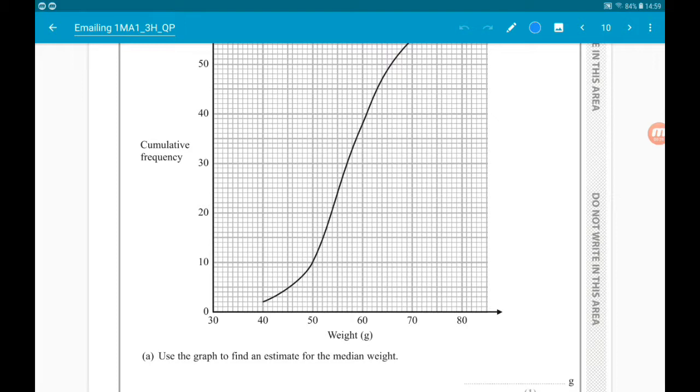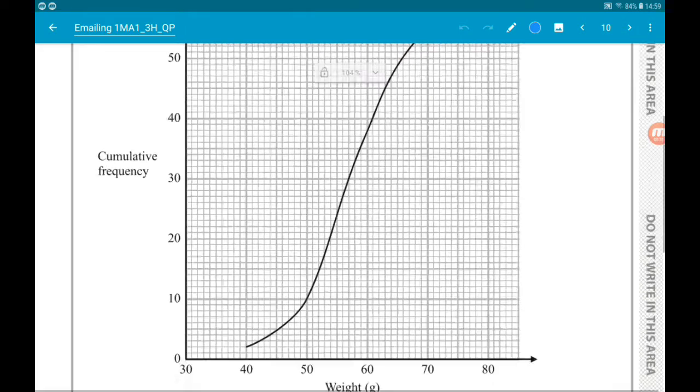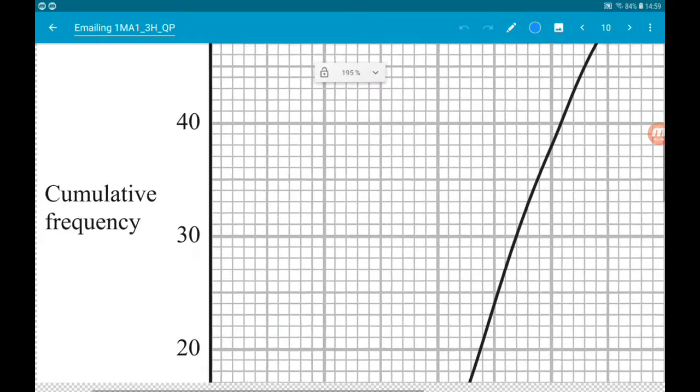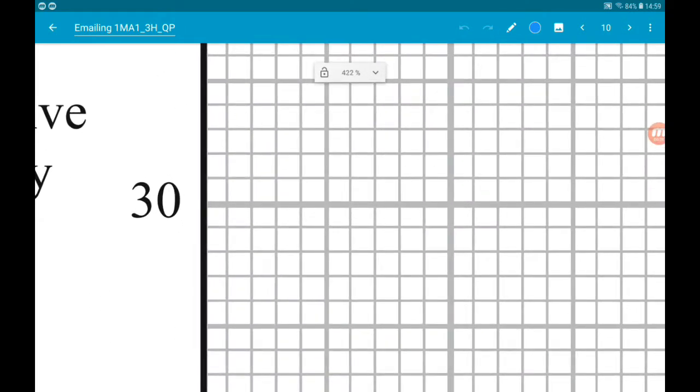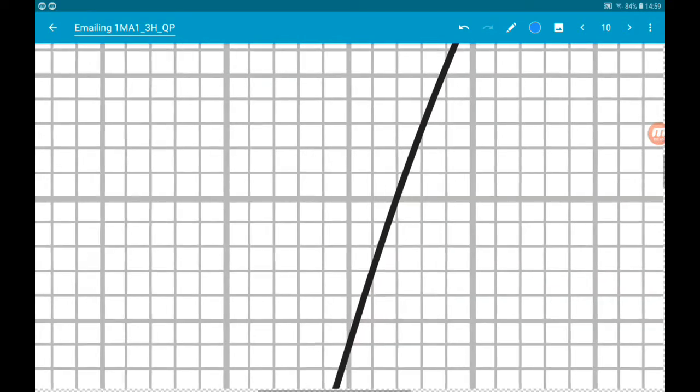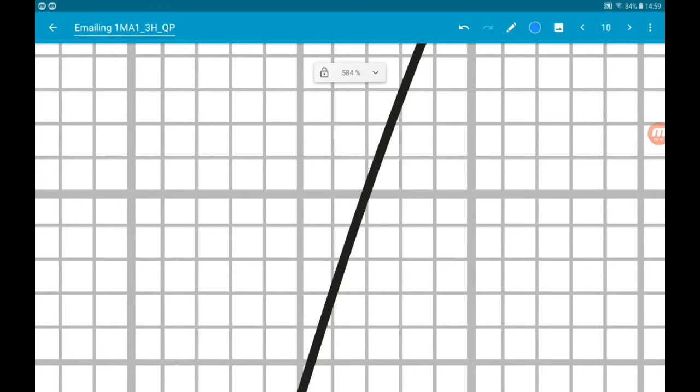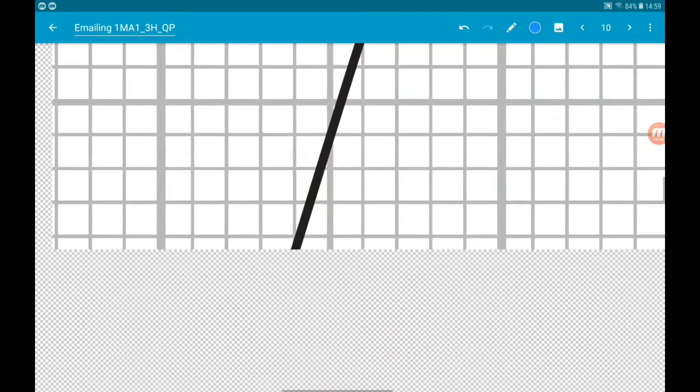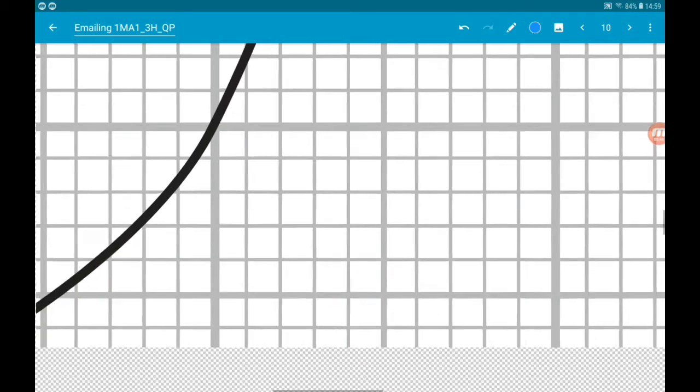So the median is the middle. For this, we halve the frequency, which here is 30. Find that over here. Go across until we hit the graph. And then go down to find the weight.